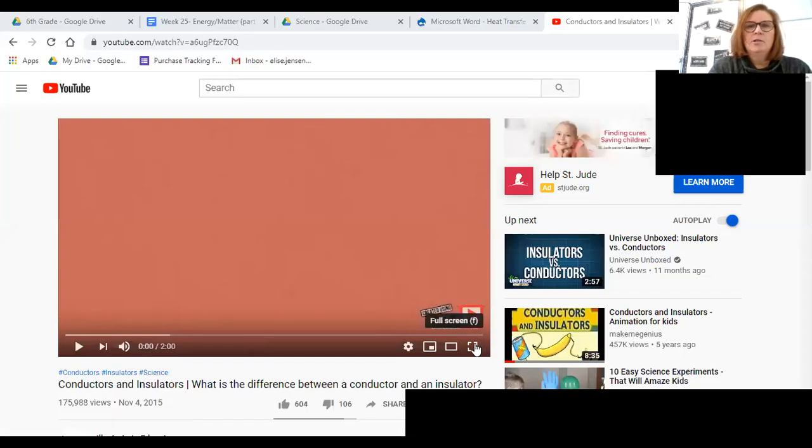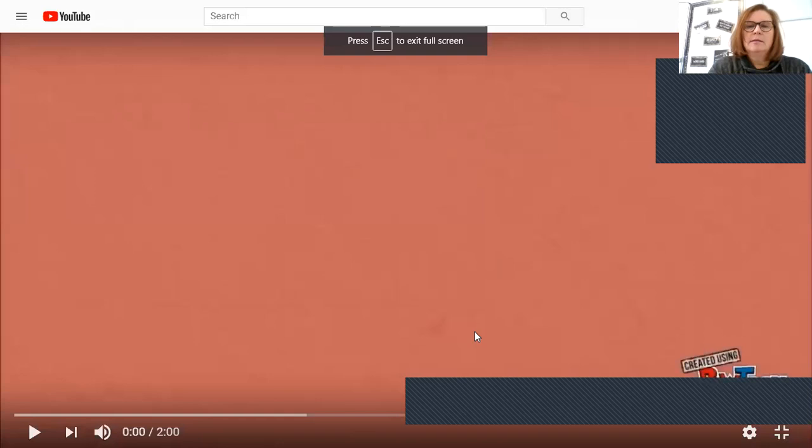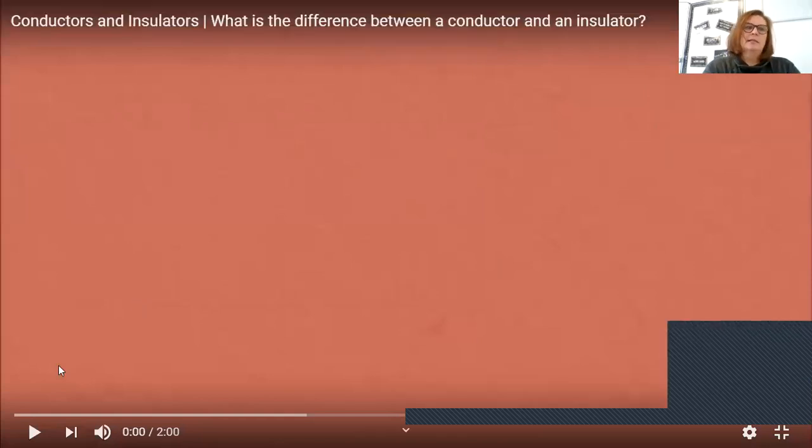Okay, here we go. Isn't this fun? You never know what's going to happen. I might knock the computer off the desk. I might drop something in my lap. Here's a really quick visual to help you with this. So conductors and insulators, what is the difference?